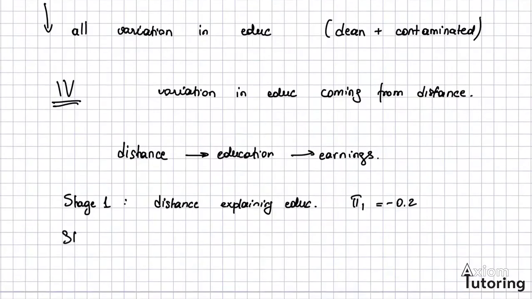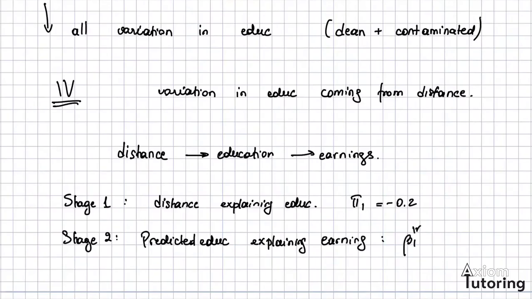Then stage 2, okay, which would have been the predicted education explaining earnings. Then that beta, which would have been the beta IV, would have been 3. Okay, and the reduced form, which combines both, would have been that sigma 1 equals minus 0.6.